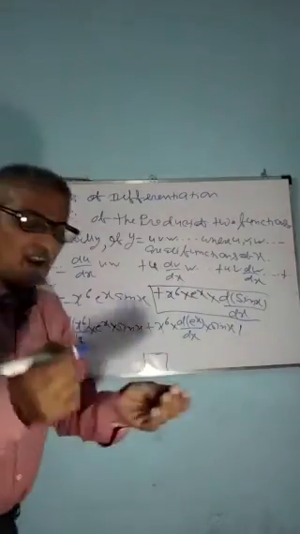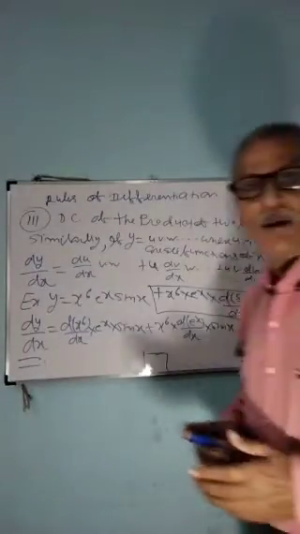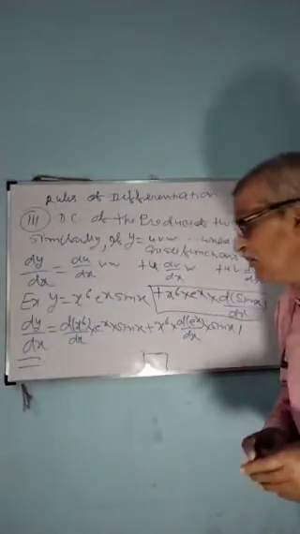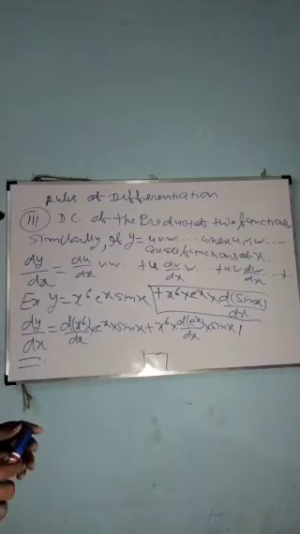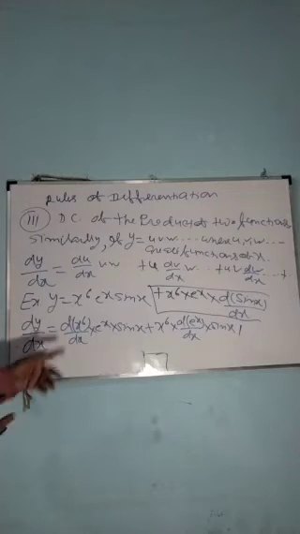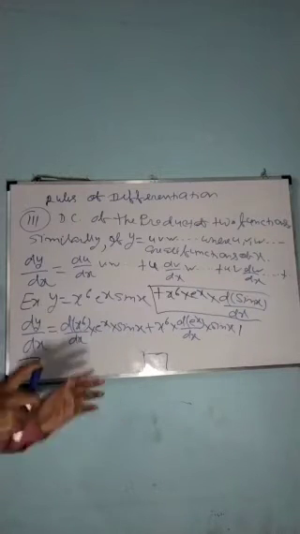This is in expanded form, so that you follow it easily, but in solving the problem, you directly write 6x to the power 5.